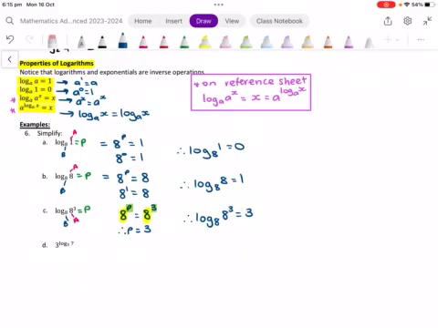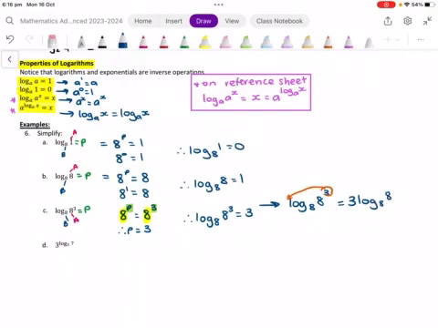What we also have when we're looking at log base 8 of 8 to the power of 3 is that we bring this power down the front so that it's equal to 3 log base 8 of 8.